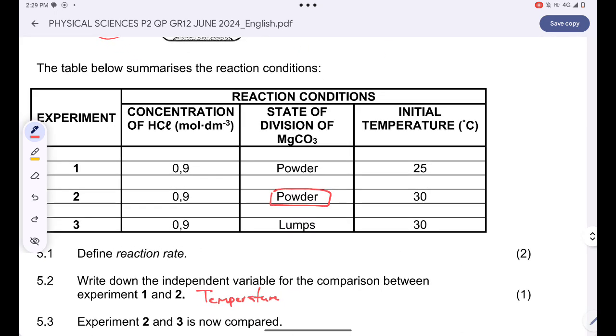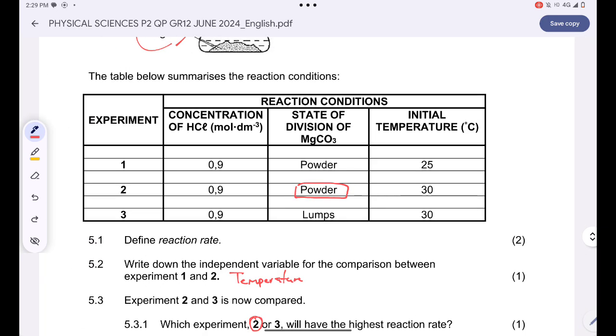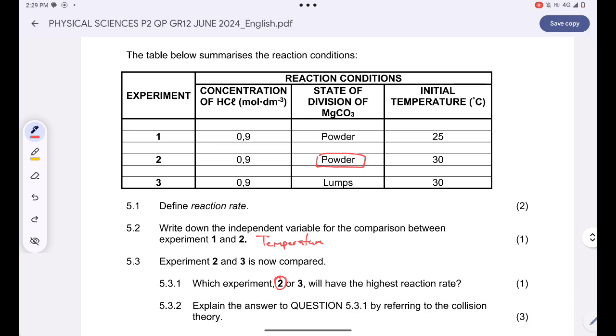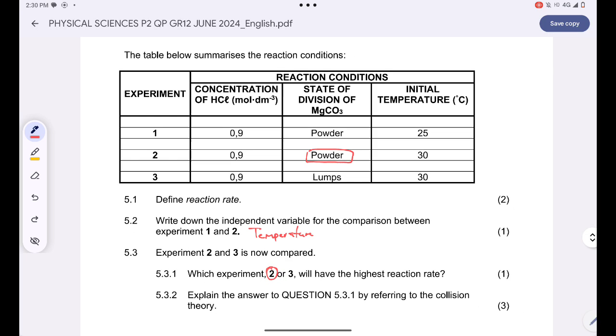By increasing the surface area of our magnesium carbonate, we are allowing more molecules to be exposed, number one, such that more molecules will collide in a correct orientation per second, and then we will end up having more effective collisions that will lead to a higher reaction rate.